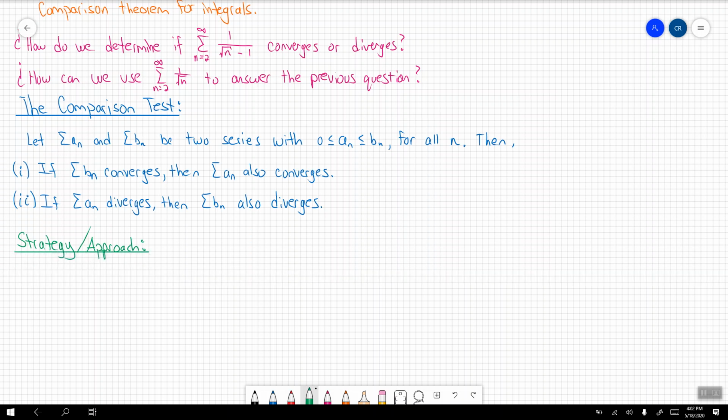So number one, we said that we want to figure out how to bound the explicit function from above or below. Now there is no straight answer to say, oh yes, it's always going to be from above, or no, it's always going to be from below.